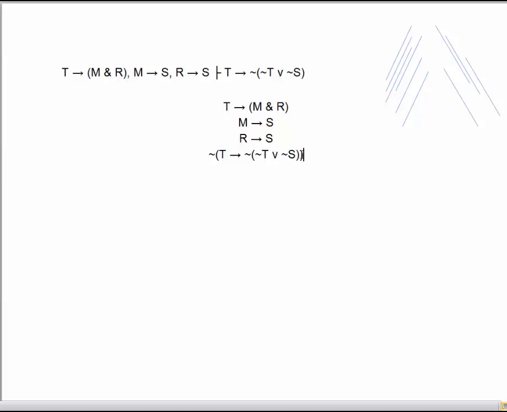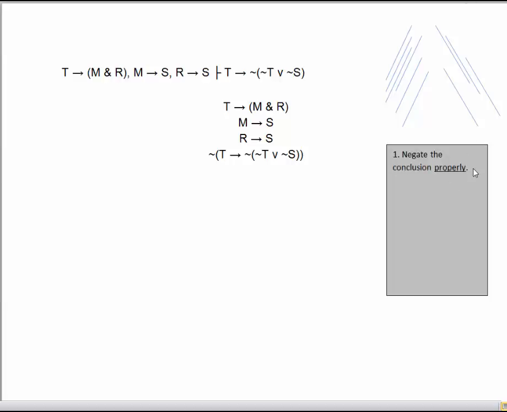Okay? So the first most common mistake is simply to forget to negate the conclusion. The second most common mistake is to negate it incorrectly. So negating correctly means being very attentive to whether or not you're looking at a wff or something that is just in accord with the convention of dropping the outermost parentheses. All right, so negate the conclusion properly.